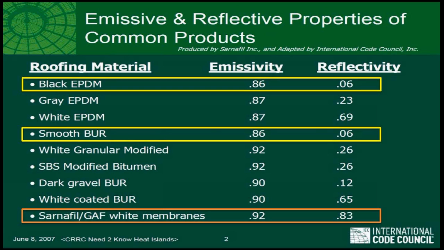The smooth built-up roof is very similar, and in this case, a PVC membrane, but virtually the numbers are the same as TPO. It has fairly high reflectance and also pretty high emissivity. So it has both. So it's not going to heat up, and it's going to release a lot of its energy at night.